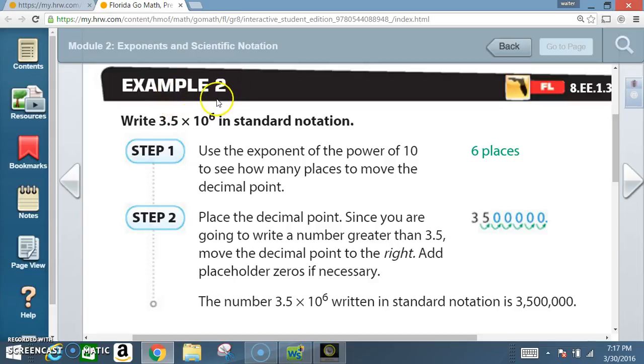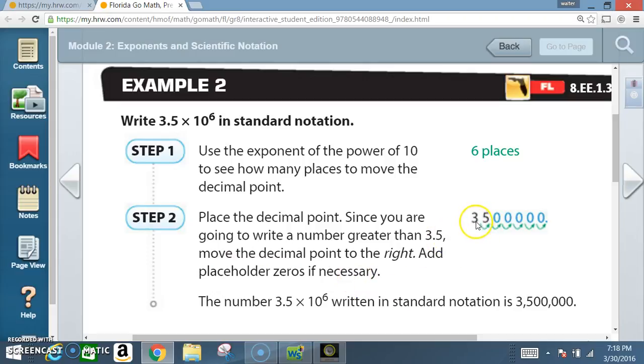Okay, example 2. Write 3.5 times 10 to the 6 in standard notation. Step 1. Use the exponent of the power of 10 to see how many places to move the decimal point. Power of 10 is 6, so it's going to be 6 places. Step 2. Place the decimal point. Since you are going to write a number greater than 3.5, move the decimal point to the right and add placeholder zeros if necessary.